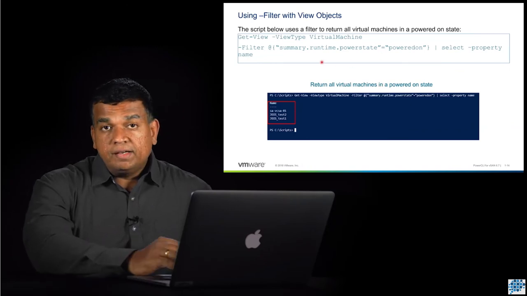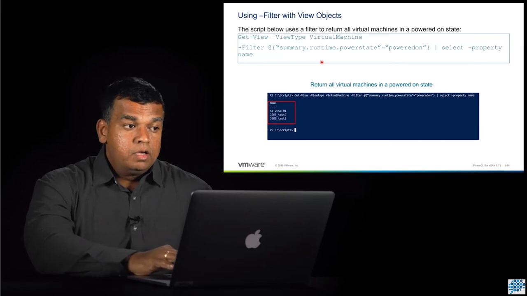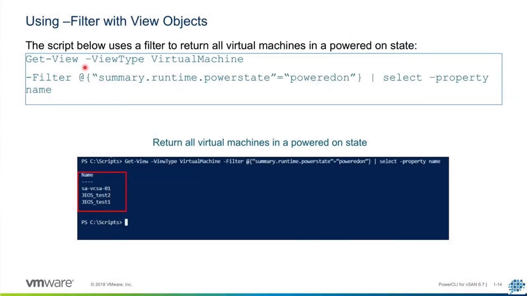So we'll write a slightly longer and more complex command to accomplish this task. What I'm saying here is get view, where the view type is virtual machine, and I use the term filter here, and using the property summary.runtime.powerState, I am going to try to compare with the value powered on. This will give me all the virtual machines which are powered on.